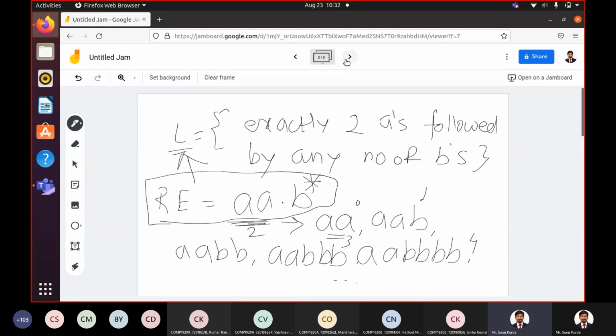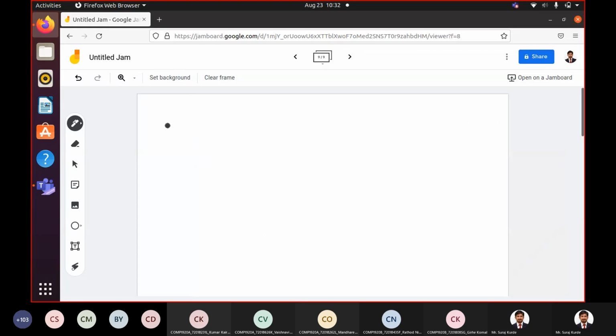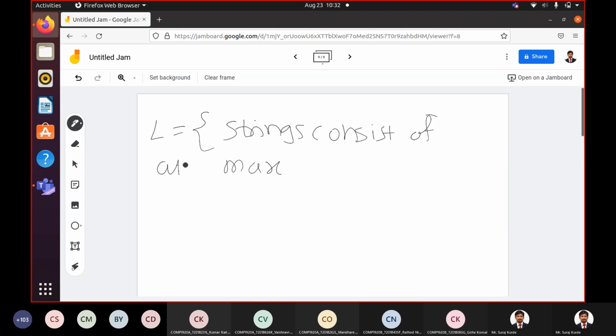Let's see another example. L is a language, a set of strings, consisting of at most 2 A's.